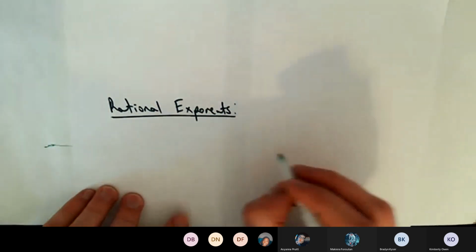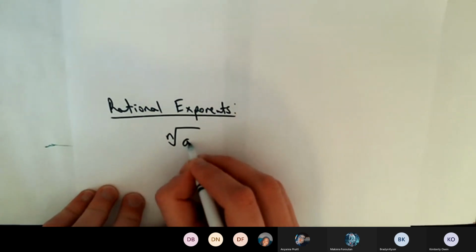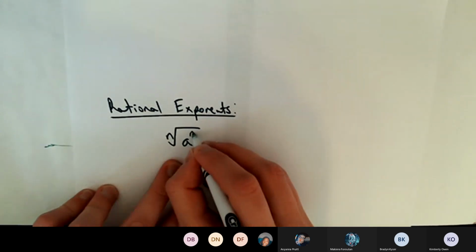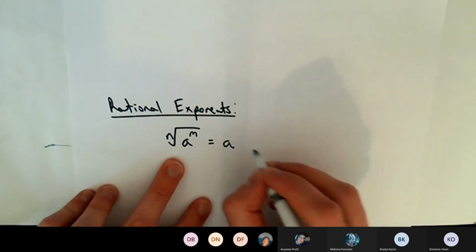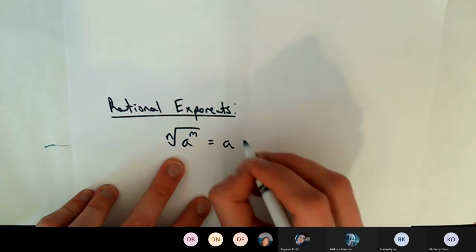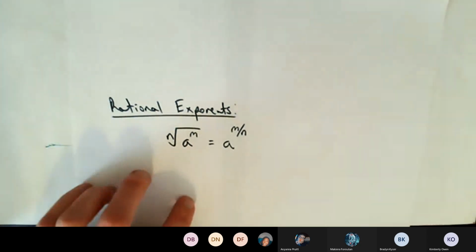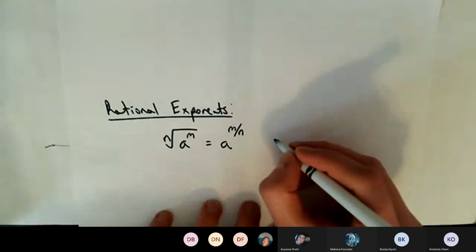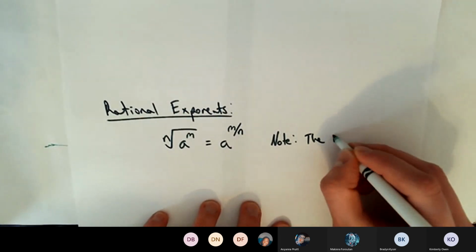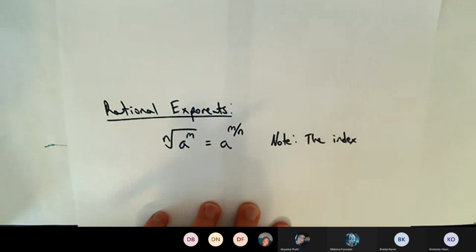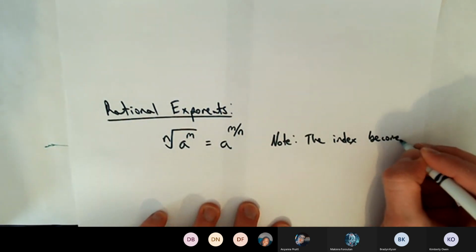If you have an nth root of some value a raised to some number m, that's the same as having a raised to an exponent of m over n. So let's make a note. The index, which is that little number there, becomes the denominator.